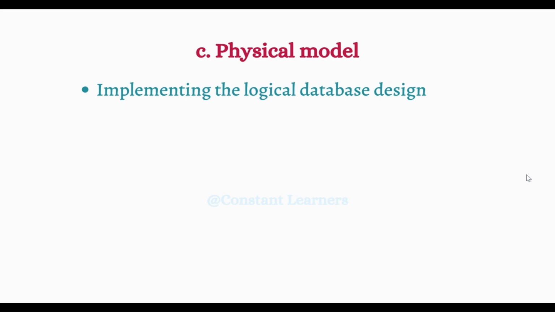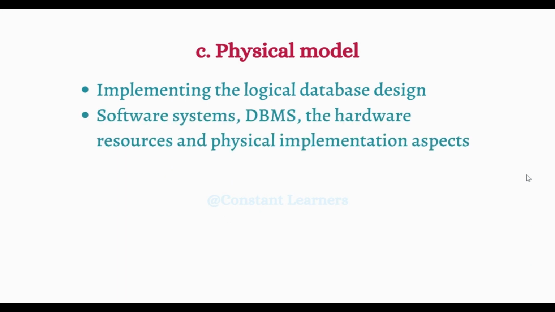Next is the physical model. Once the logical model is established, we move on to the physical model stage. The physical model focuses on implementing the logical database design, considering factors such as chosen software systems, database management system, the hardware resources, and physical implementation aspects.